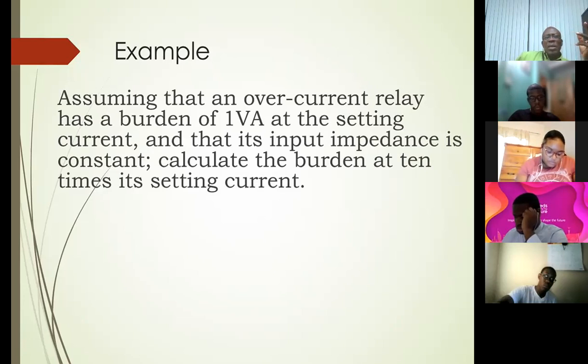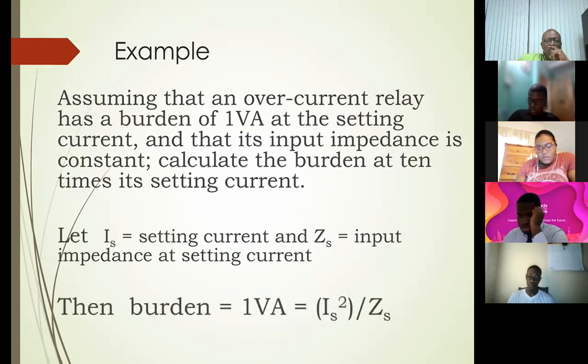If we assume the input impedance to be constant, then the burden at 10 times the setting current is going to be equal to I squared over ZS.